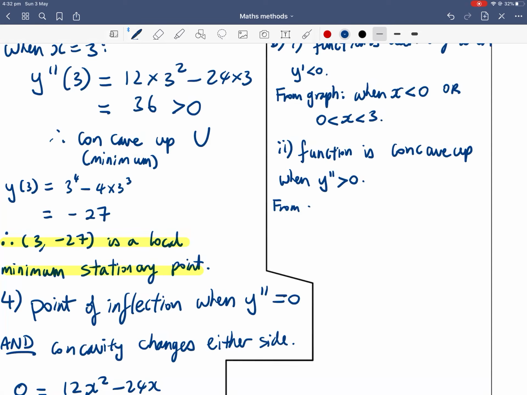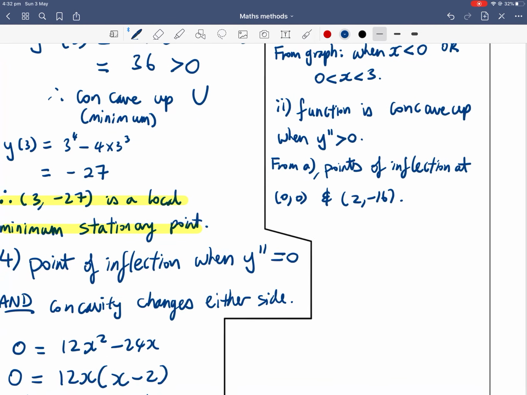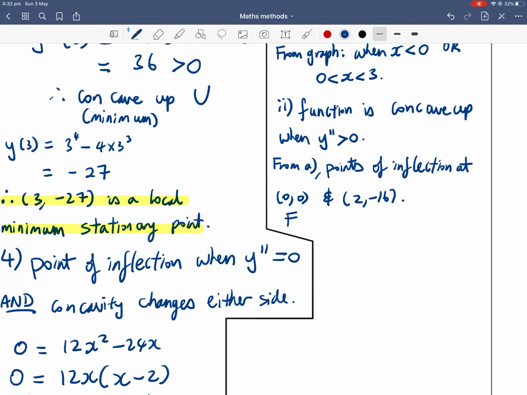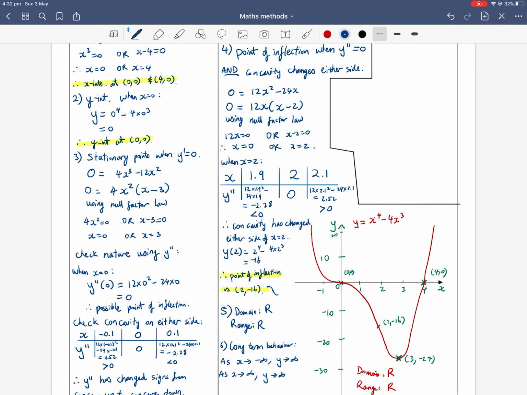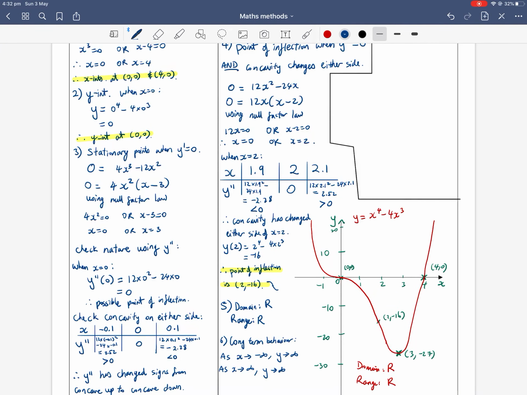So from A, you've got the points of inflection at 0, 0 and 2, negative 16. So from the graph, where is the concave up?